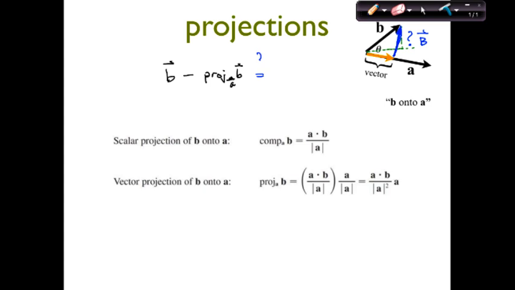Does that equal capital B? What do you think? If the orange and the blue are the components of the vector B, then what's the relationship between those three? What's an easy expression you could write between those three vectors?